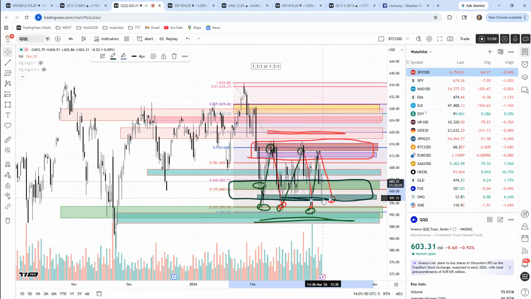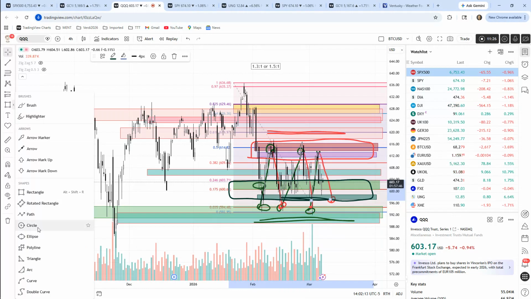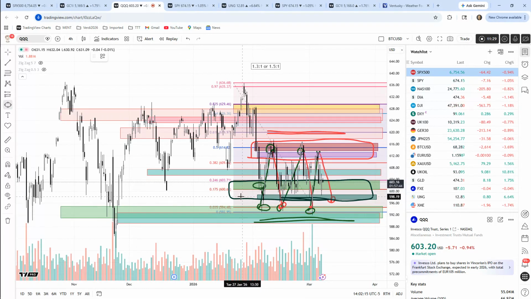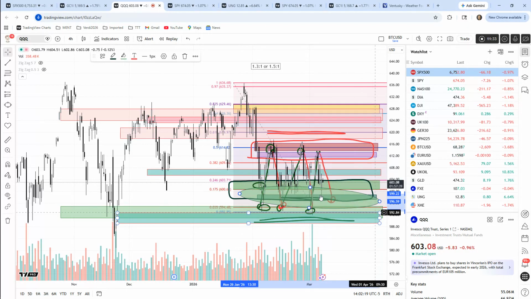So when you get down to these lower support areas, just because you got down here doesn't mean it's guaranteed a bottom, but it means that if it is going to fail and reject, failing to reach a new low and move back up, then it's going to do so in this lower channel. I don't want to keep drawing, but if it's going to fail and reject, it's going to do so kind of in this area.